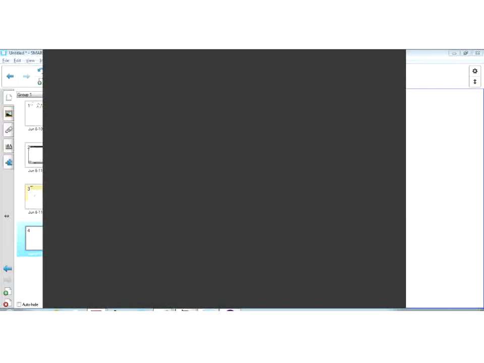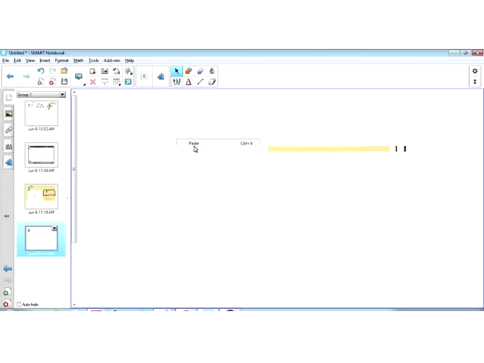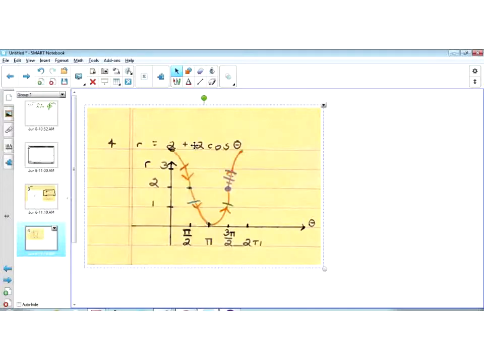This would be topic 4, and I'll show you the procedure for how to plot. All right, so here's our problem. We want to graph in the polar plane r is equal to 2 plus 2 cosine theta. Well, the procedure would go as follows.